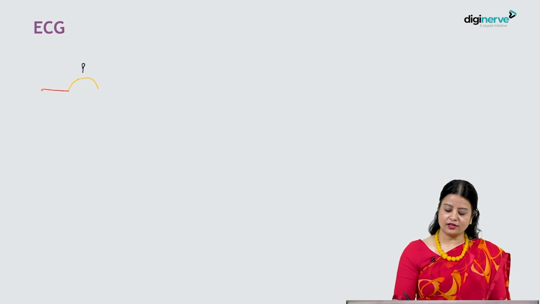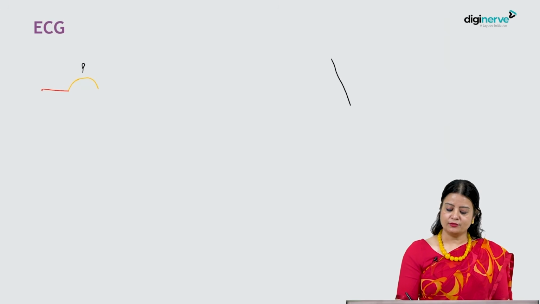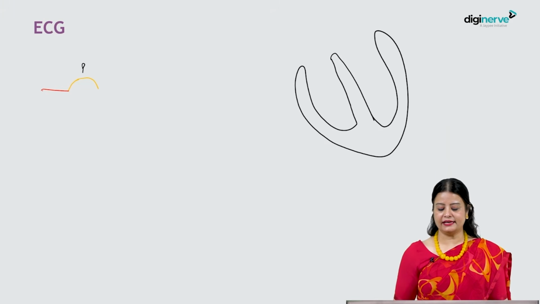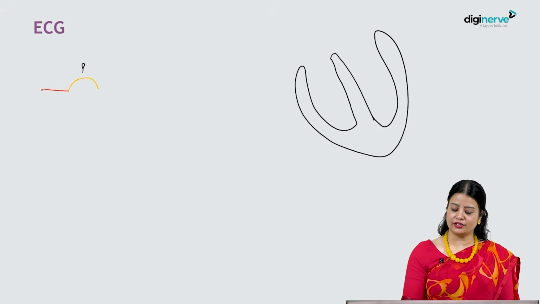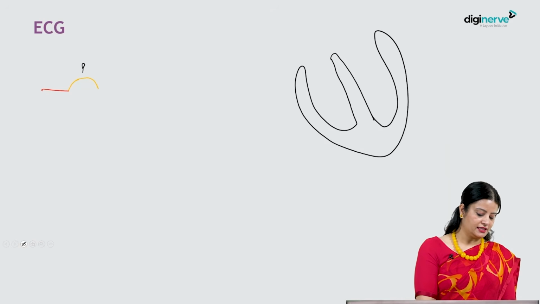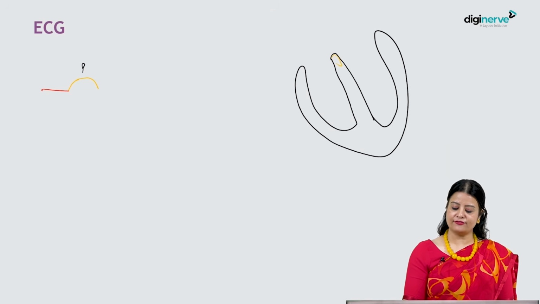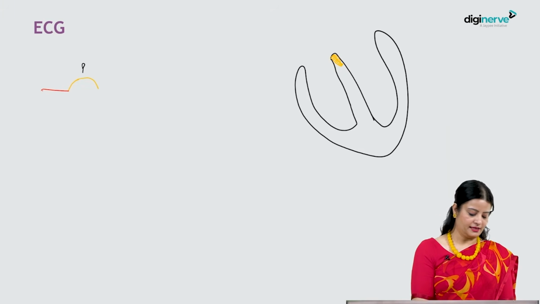Now moving on to the ventricular excitation or the depolarization. So we have drawn the ventricle here, and as I have told you, the first part to get depolarized in the ventricle is the left side of the interventricular septum.